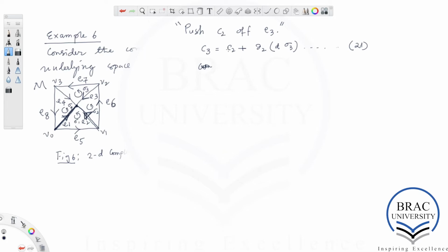We started with C2. So in the previous step we ended up with this new one chain C2, the value of which on the edge E2 was 0, right? Now we suppose that C2 has a non-zero value on the edge E3, and that is G, sorry. Let D be the value of the two chain that we obtained in the previous step, the value of C2 on E3.